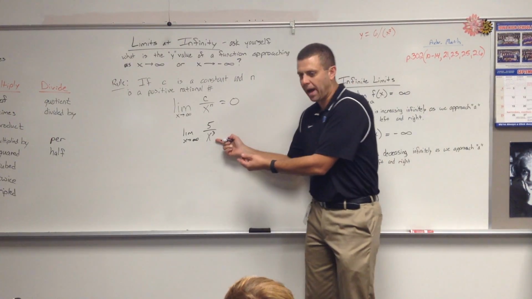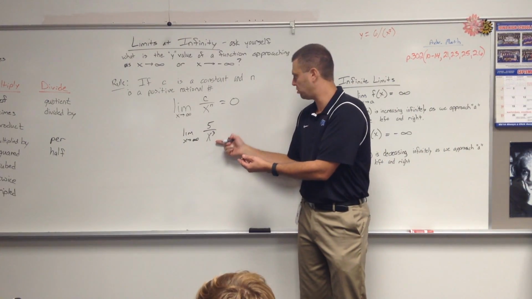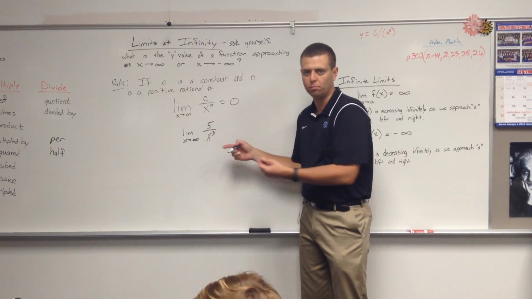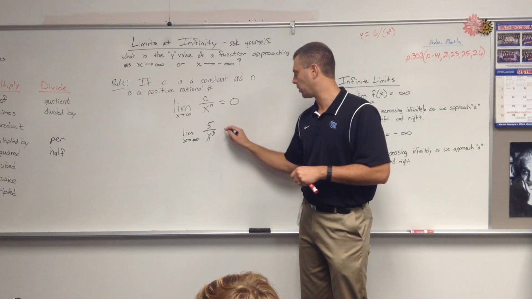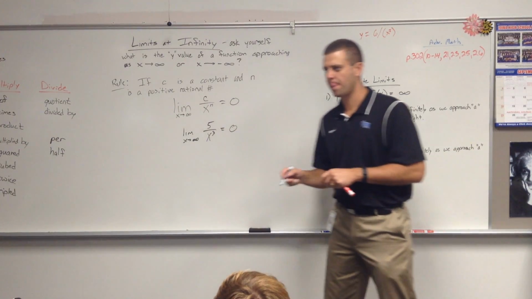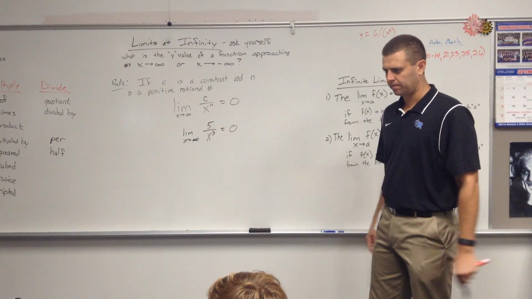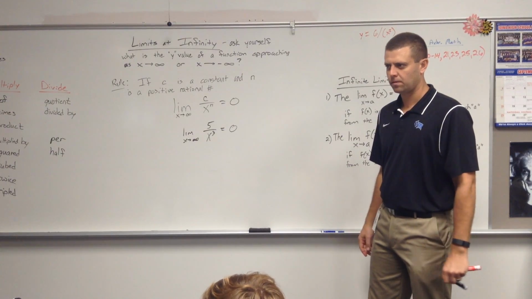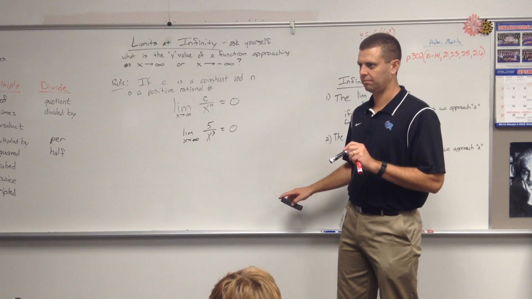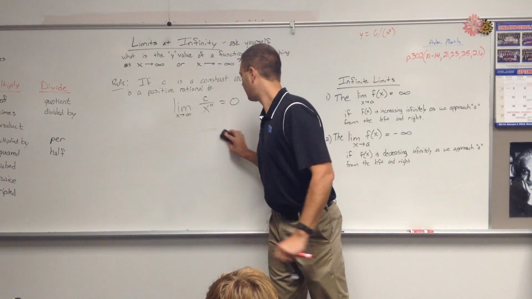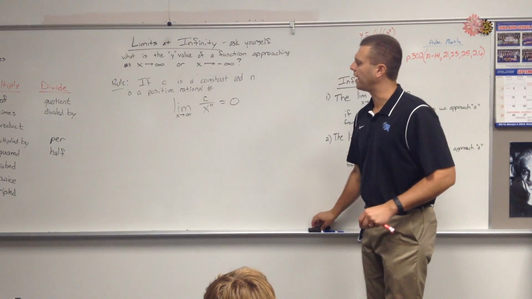Because what's happening to the bottom? It's getting huge. 5 divided by a huge number practically equals 0, right? Questions on that? Okay.